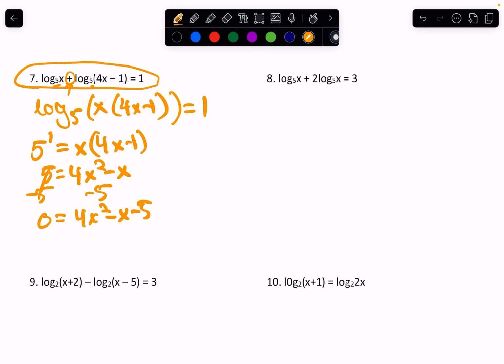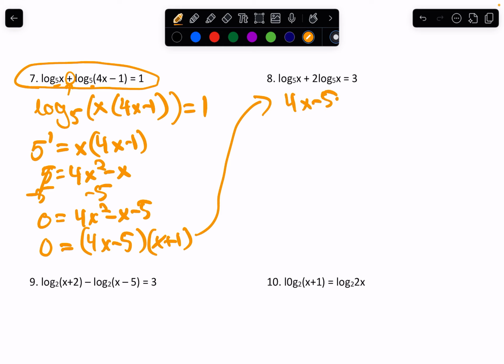This one we can factor. And again, you can always use the quadratic formula. I mean, you'll get the same answer. But again, we can factor this as 4x minus 5 and x plus 1. So we have 4x minus 5 equals 0, and x plus 1 equals 0.